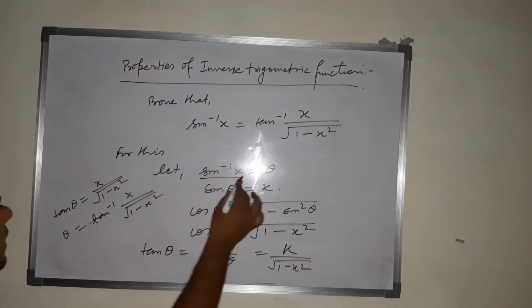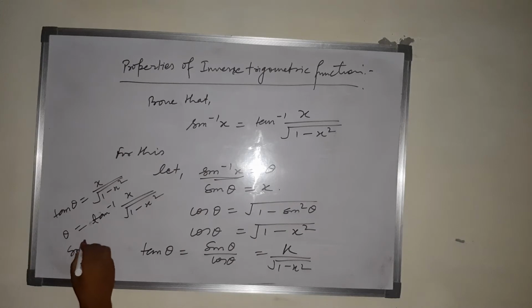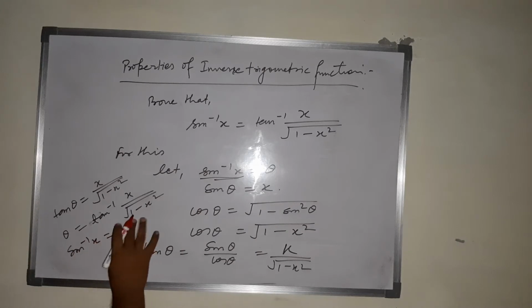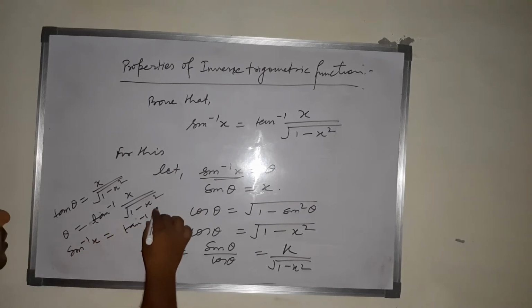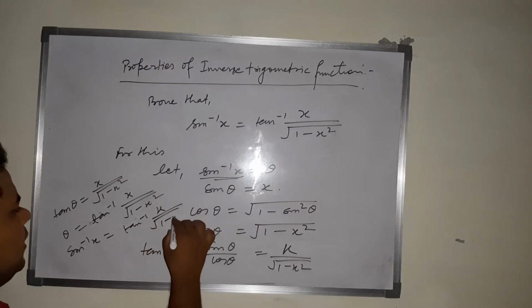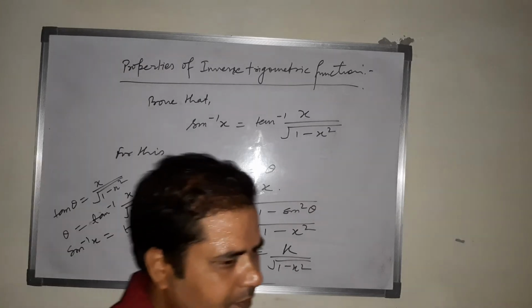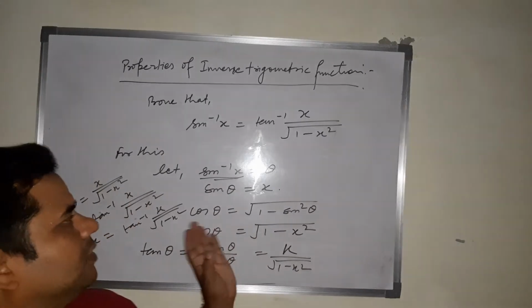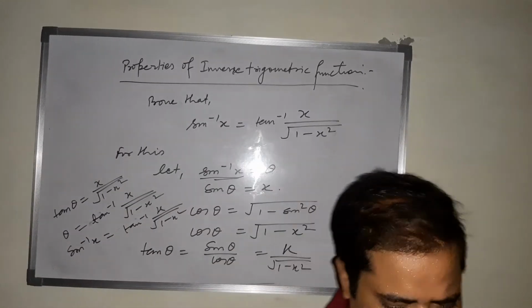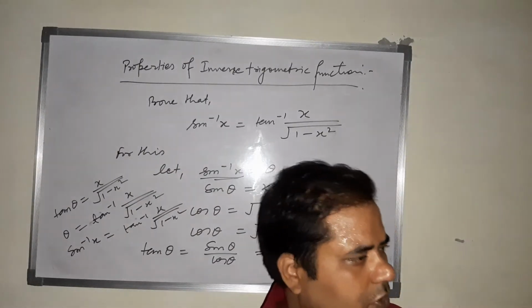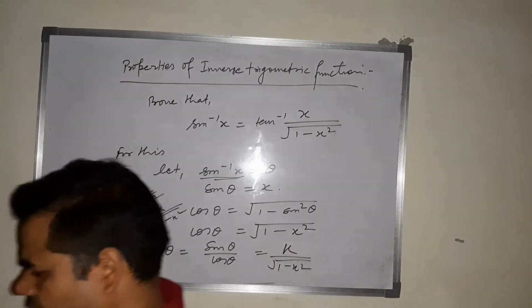And theta is already given as sin inverse x. So sin inverse x is equal to tan inverse x upon root of 1 minus x square. Okay. So in this manner we have to complete this one. Similarly, we can see other transformations and other properties of inverse trigonometric function.